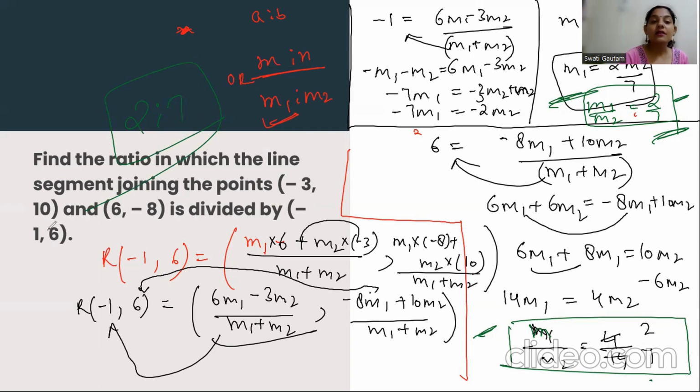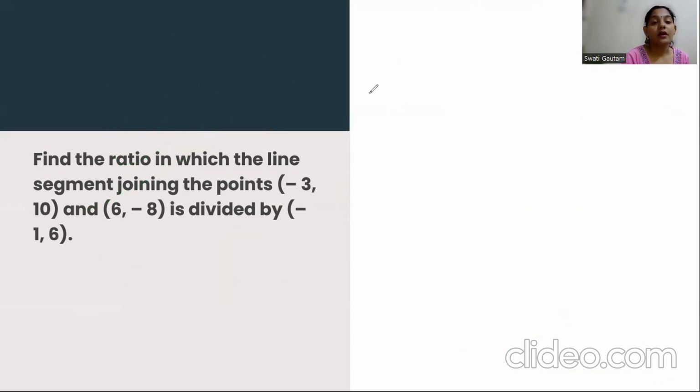So please learn the section formula. Again, I'm telling you, P, Q, R, whatever you want to take, whatever the point is on the line in between, please take that on the left hand side.